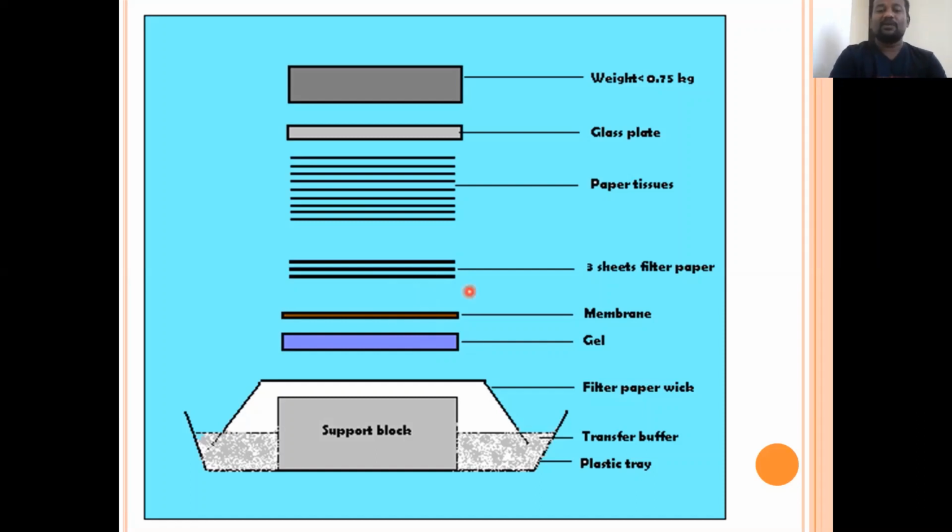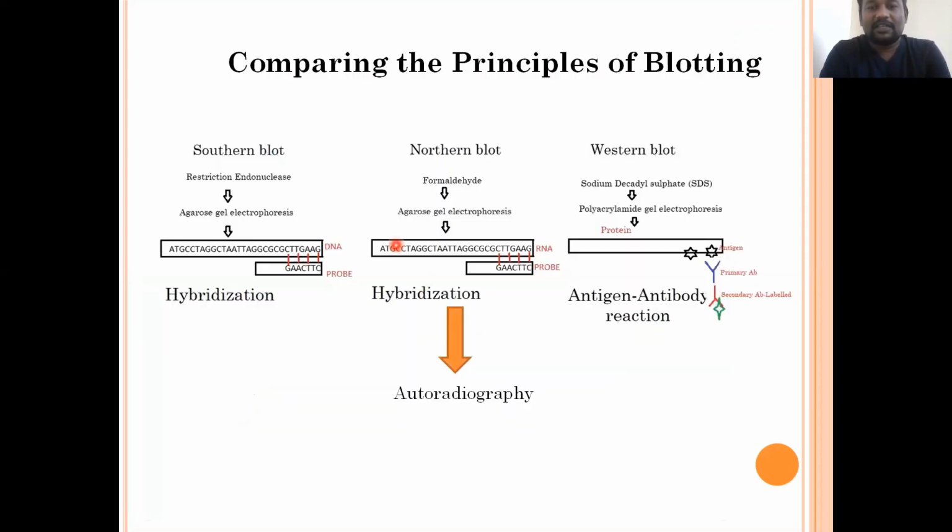After the transfer is done and immobilization is done, there will be an attachment or detection of DNA or RNA or protein.